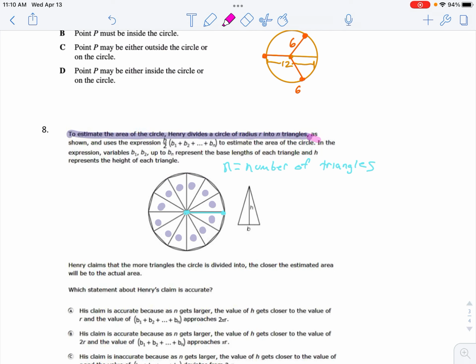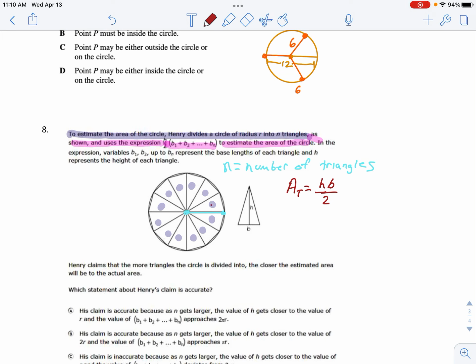As shown, he uses the expression h divided by 2 times base 1 plus base 2 dot dot dot base n to estimate the area of the circle. Really that's just saying the area of a triangle is height times base divided by 2.